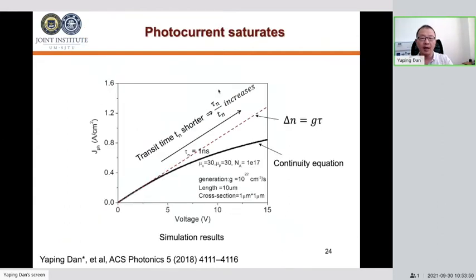Because of that, we find that the photocurrent following the continuity equation will be saturated. But for the classical theory, it increases linearly because there's no metal-semiconductor boundary confinement.